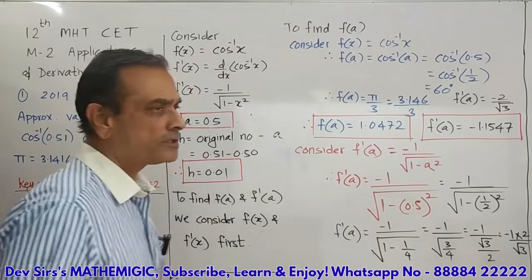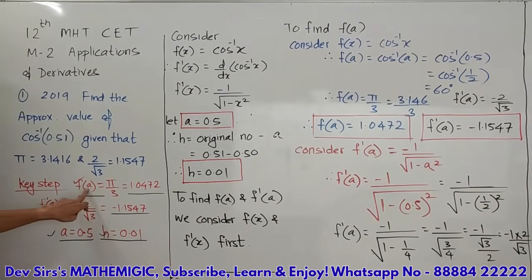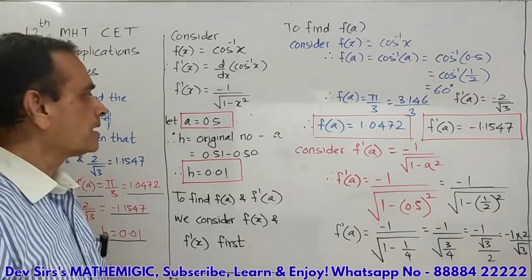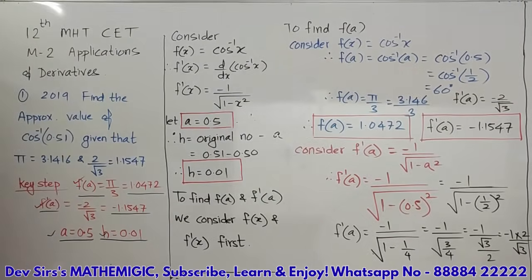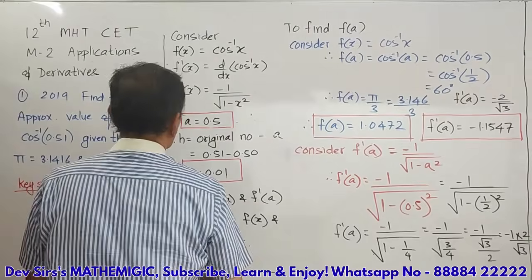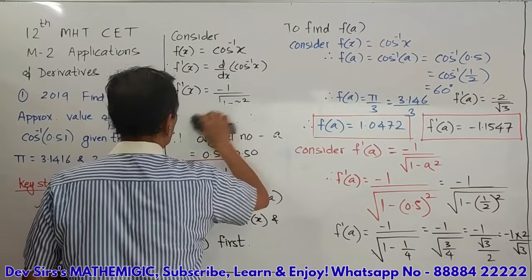So finally we got these 4 things. F A, F dash A, H and A. H and A at the beginning. Now last step, we will write the approximation formula and then find the answer. Okay. So what is the approximation formula now?